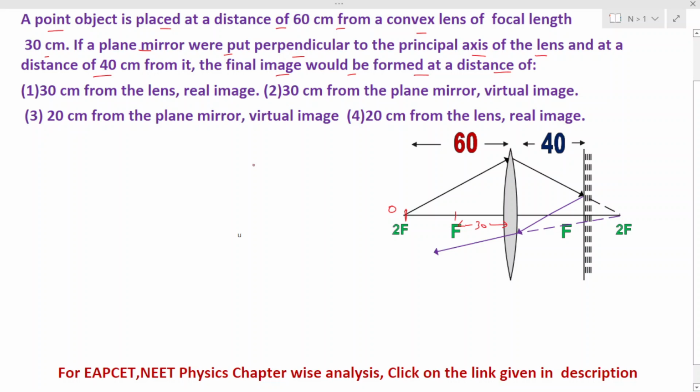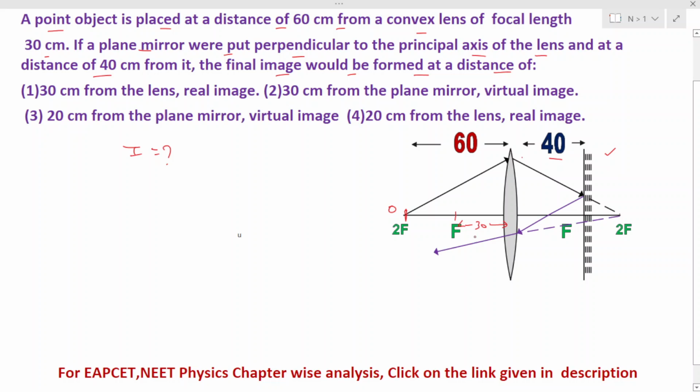And perpendicular to the principal axis, he placed a plane mirror, which is at a distance of 40 centimeters from the convex lens. Now he is asking us to calculate the position where the image is formed.